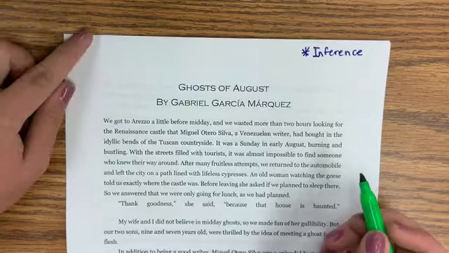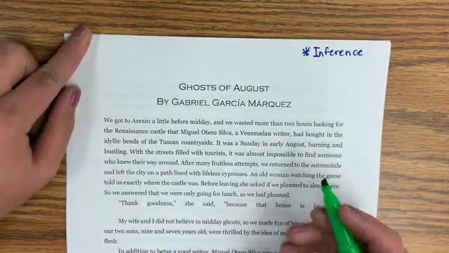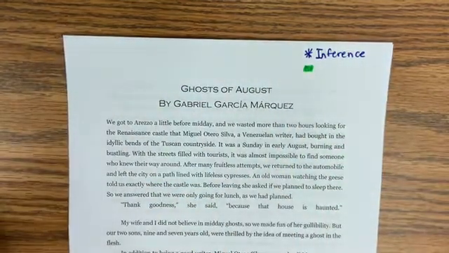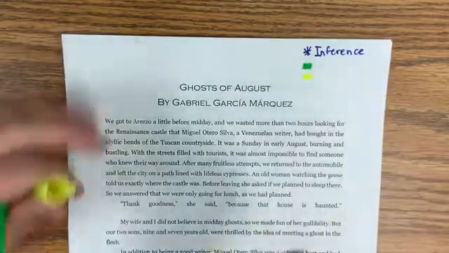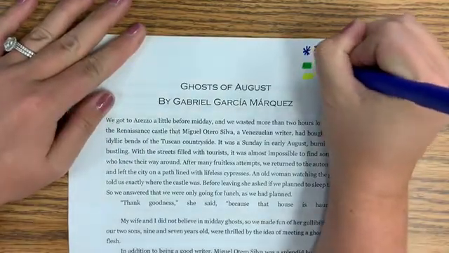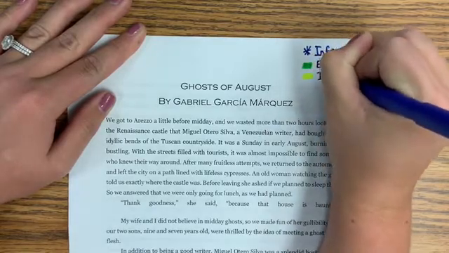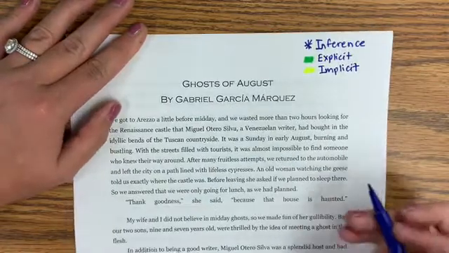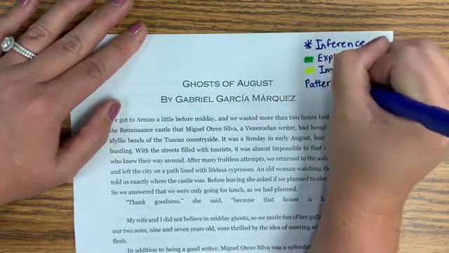If you don't have highlighters, you can use colored pencils or underline with a marker, whatever you have to distinguish between explicit information and implicit information. And then I'm also going to make a note in the corner that we are looking for patterns.